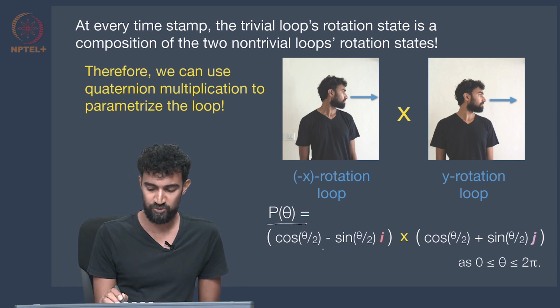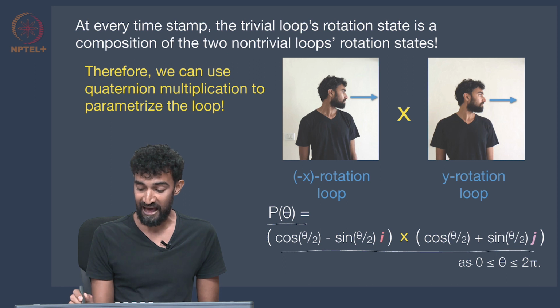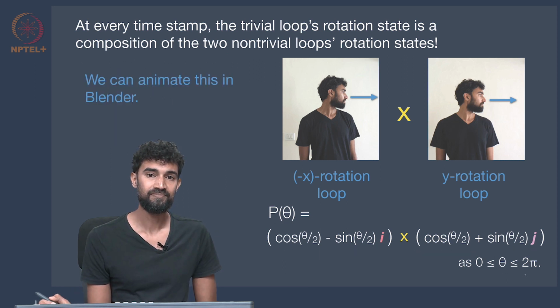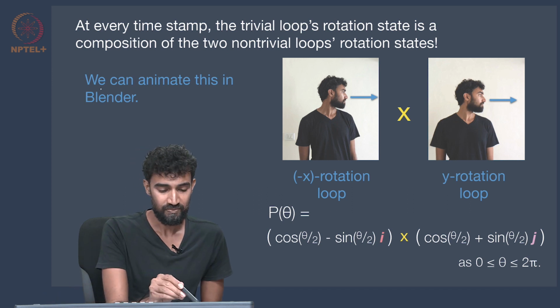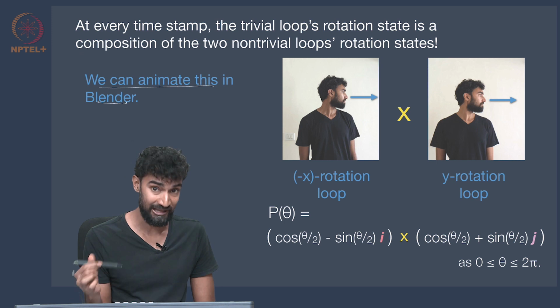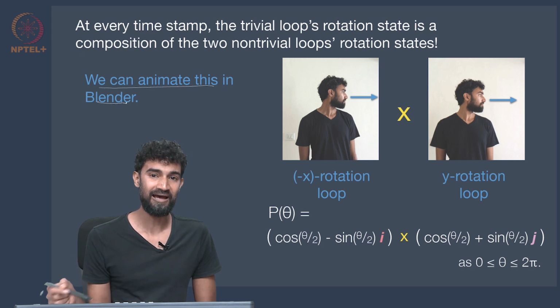So p of theta should be parameterized by this expression as theta goes from 0 to 2 pi. Using this, we can actually check it by plugging it into Blender, the 3D animation software, and seeing what we get.